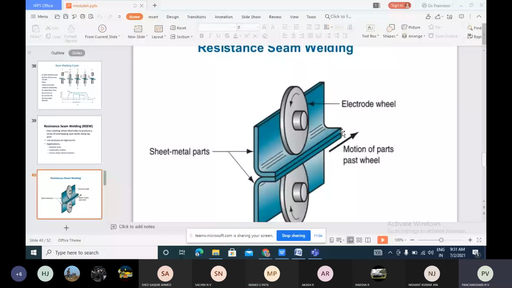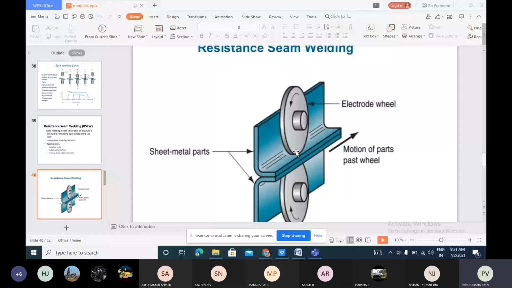They can rotate. So when the power is connected and switched on to these electrodes, then heat is developed at the junction as discussed before in spot welding. Same principle as spot welding. The same thing happens here also. When these wheels are slowly moving, along this center line the resistance will be built up. Because of that resistance, high energy, high heat is developed during the rotation, because the disc carries current.